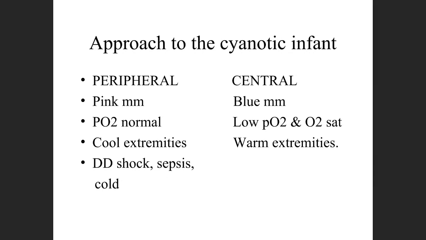In the cyanotic infant, we want to determine, is this cyanosis peripheral or central? And central may be called complete by some workers. So in peripheral cyanosis, the mucous membranes are pink, but the extremities are blue.